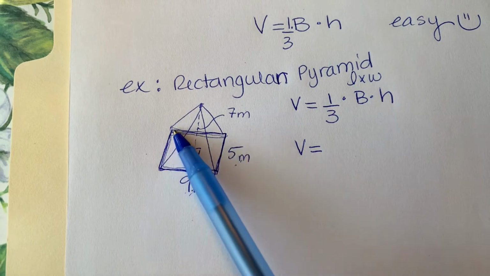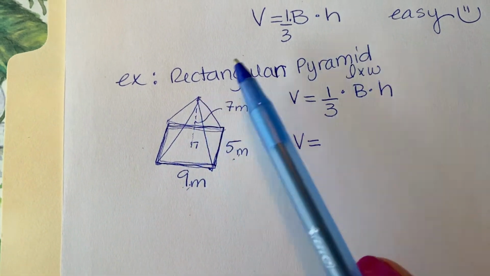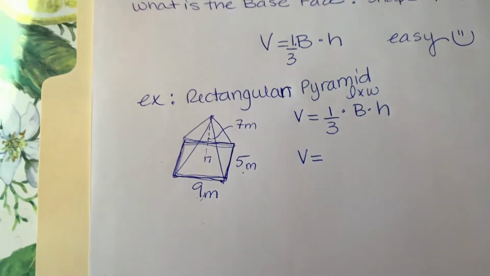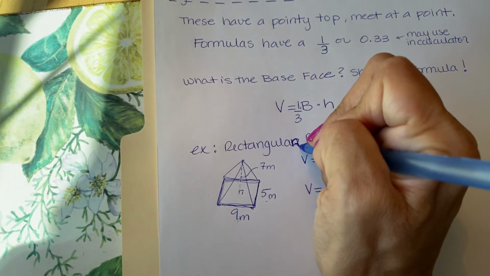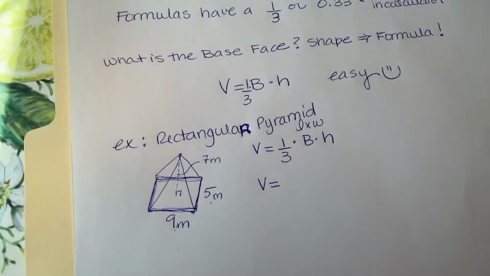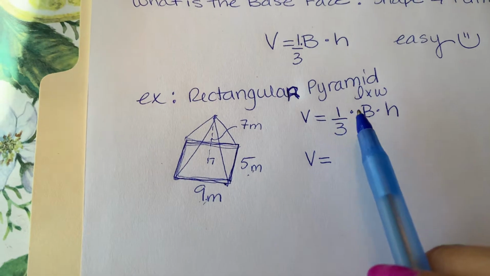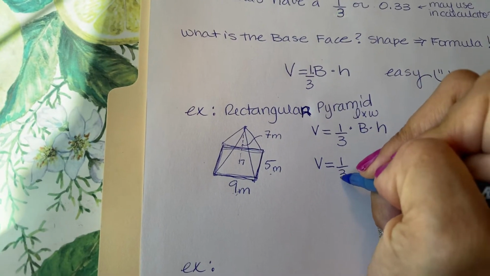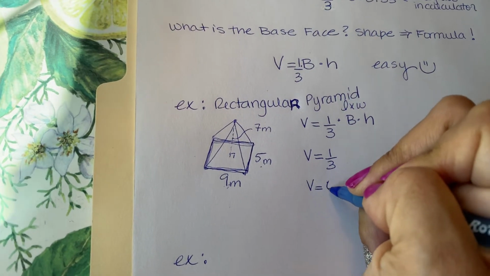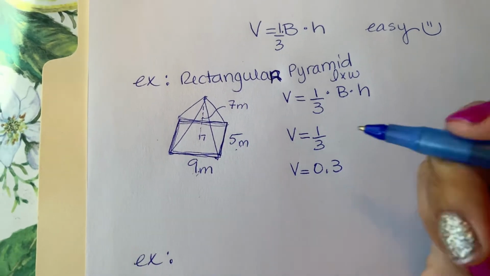It has a rectangle base. It has a pointy top. That's where the pyramid comes from. Let's do a capital R just because that got all messed up. So I have the 1/3. And again, if you want to put 0.3, you can. So this is an OR.